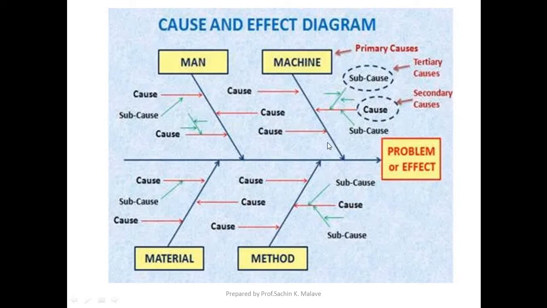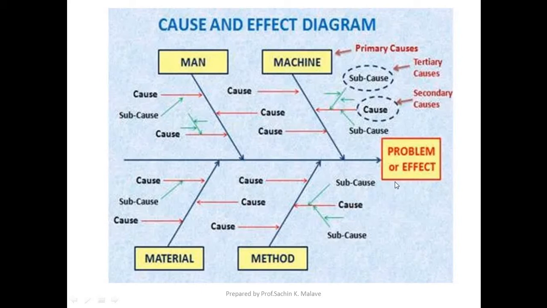So now let us see what are the steps involved in this. We will elaborate our statement. So the various steps involved in preparing this CE diagram, that is cause and effect diagram. First step is you have to define the problem.